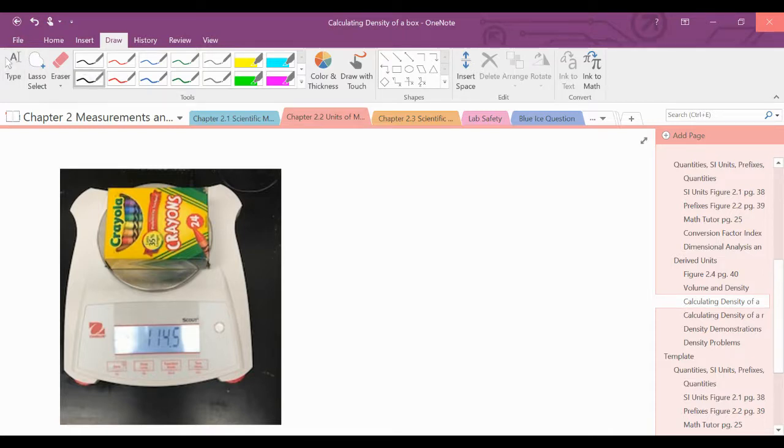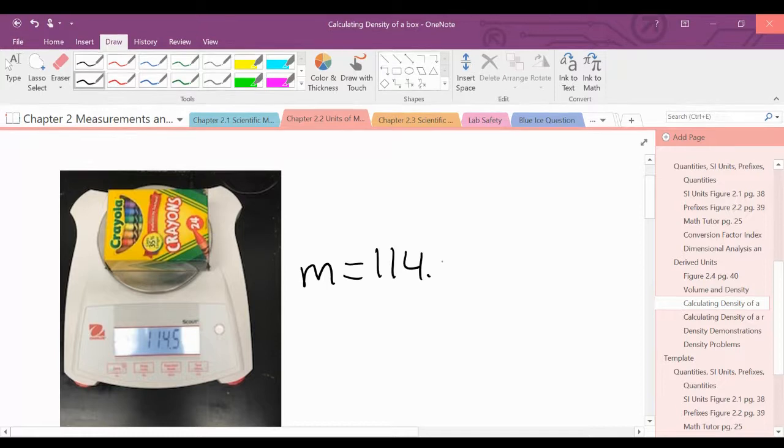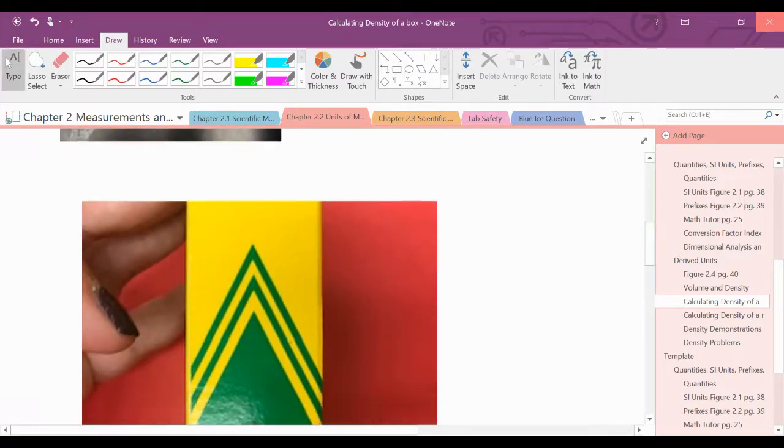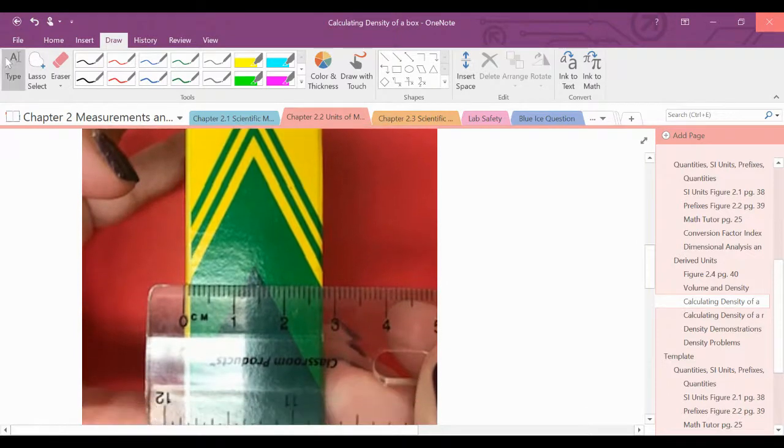And you can see the mass is 114.5 grams. This is an electronic balance I use to make it easier to see the mass here. In lab, you may use a triple beam balance, which we'll discuss how to use. And then we have to find the width, the length, and the height. So I have to derive the density of this crown box.